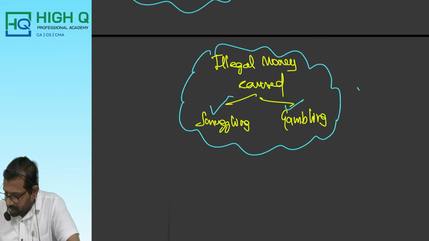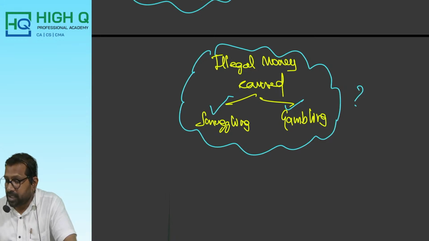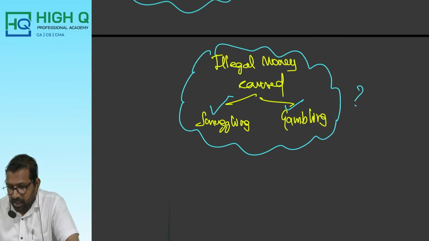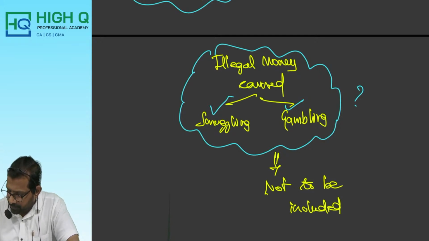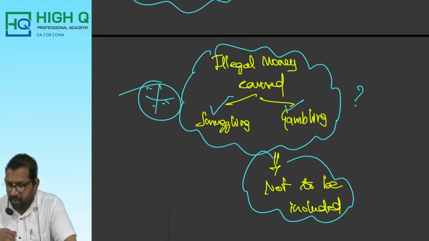Now the question again: can this be included or not? Even here under the income method, to calculate national income, illegal money is not to be included. This is another important question for your examination.